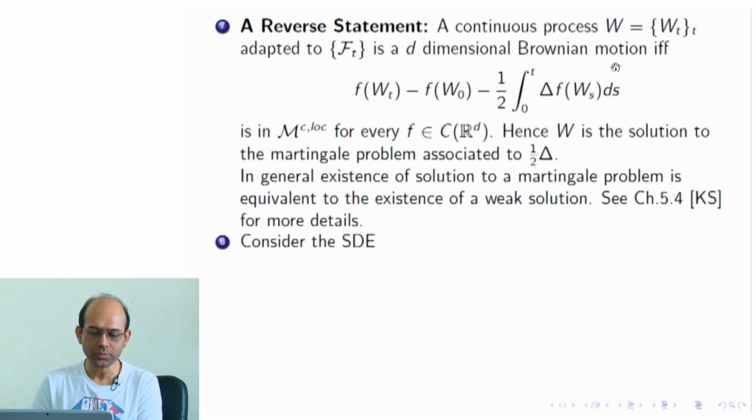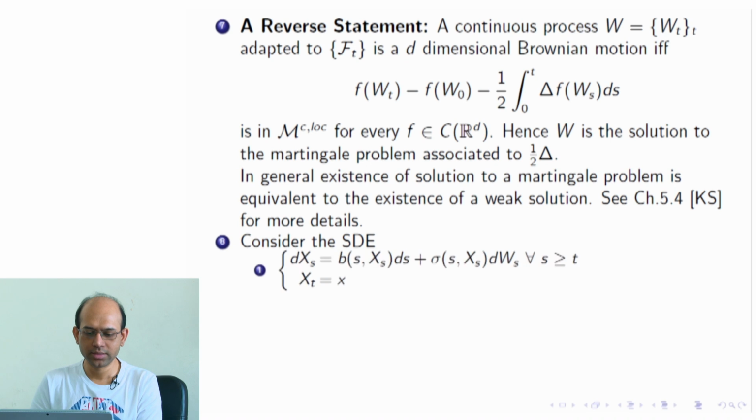Okay, so consider the SDE dX_s = b(s, X_s) ds + sigma(s, X_s) dW_s for all s greater or equal to t, and X_t is equal to small x. This is not a new SDE. We have seen this type of SDEs before, but every time when we wrote SDEs, we have written s is greater or equal to 0.